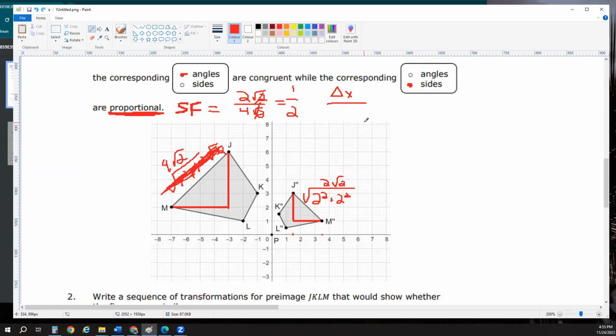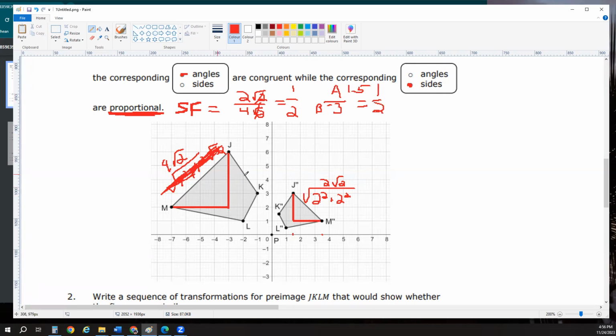So my x value of my J is -3. That's my x value of my J, my before. My after, the x value of my J prime, is 1.5, and that's going to be 1/2.